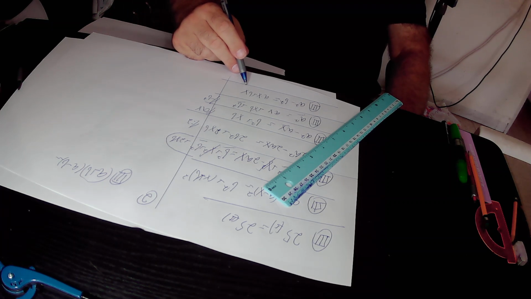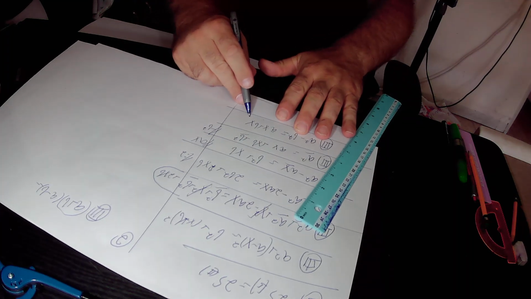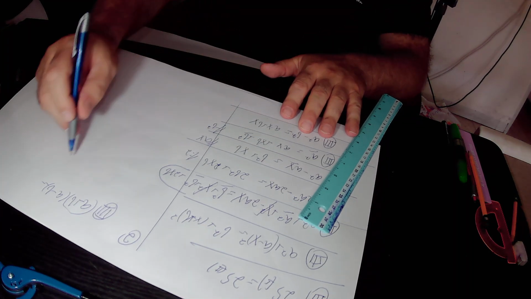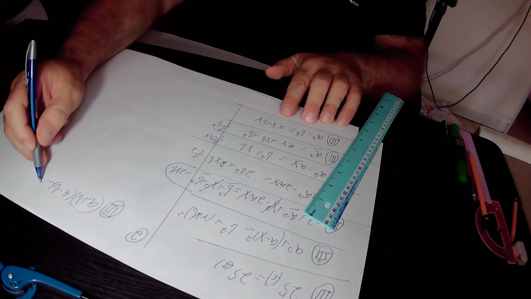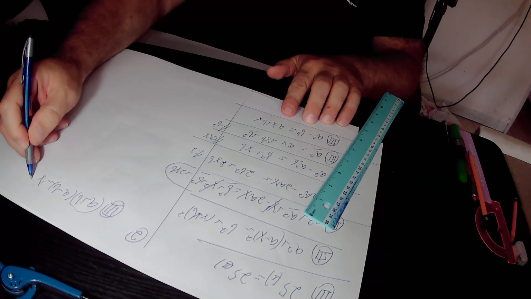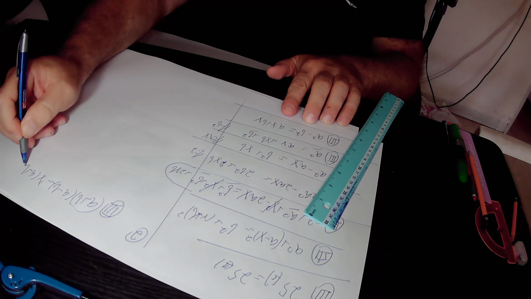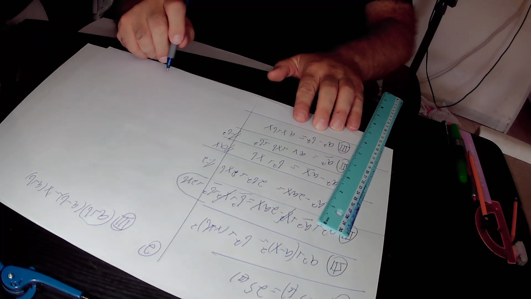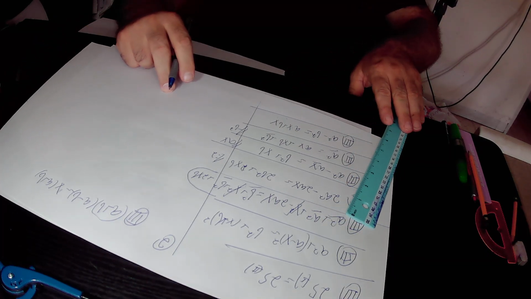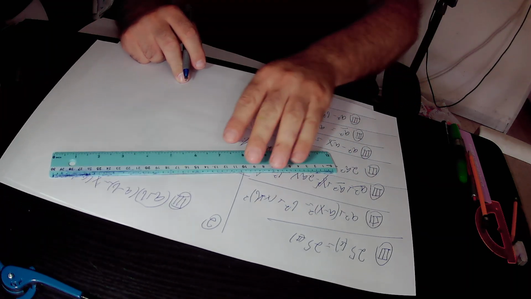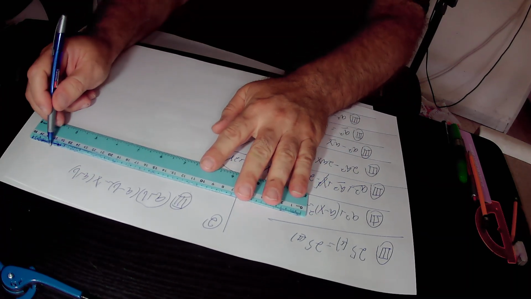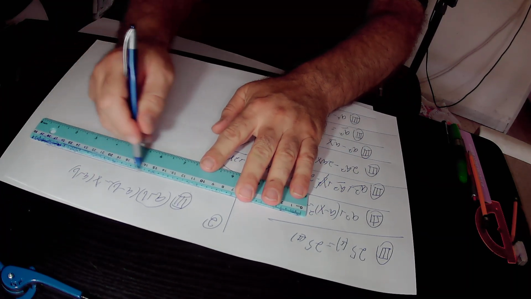Here we take out X as a common factor from those two expressions, so inside the brackets we are left with A plus B. So in total, according to equation 3, we found out that (A plus B) times (A minus B) equals X times (A plus B).